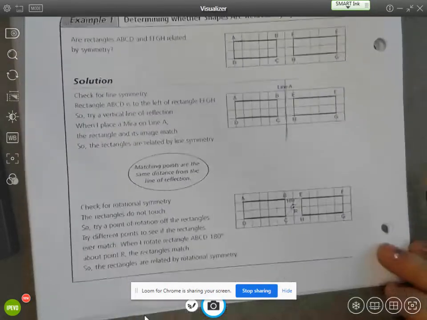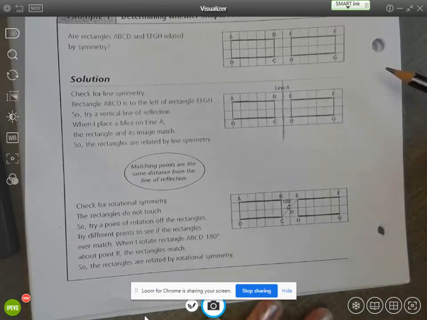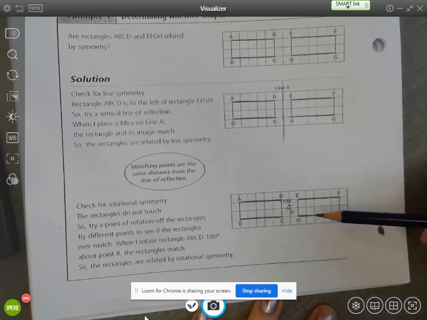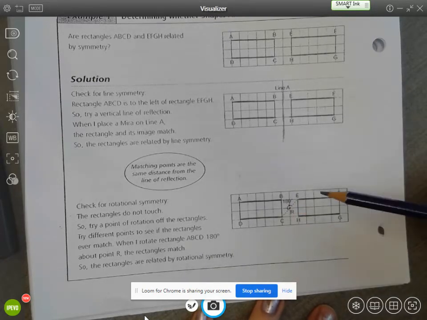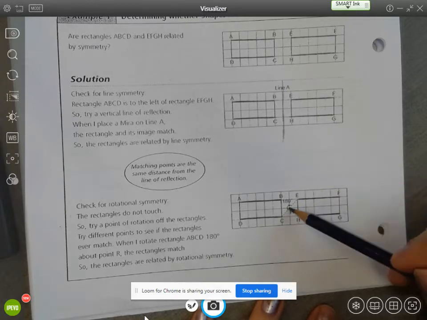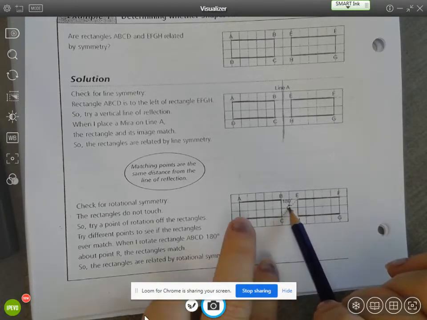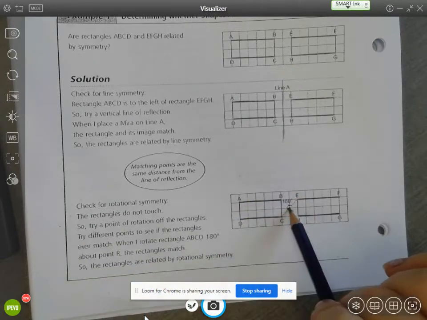Okay. I'm also going to look at the same objects and see if there is rotational symmetry. Again, because they are separate shapes side by side, I'm going to look at a point of rotation between the two objects. If I were to actually trace these objects and spin it around this point, you can picture that when it turns 180 degrees, it's going to line up.